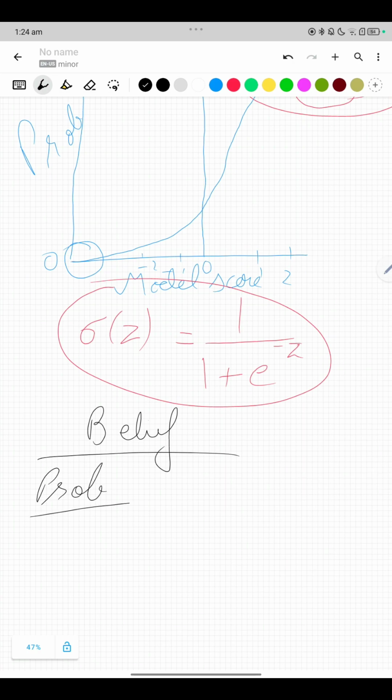But what are we supposed to do with that probability? We are supposed to decide. And for taking a decision, we need a threshold, right? So a common threshold value is 0.5 because it lies in the center.